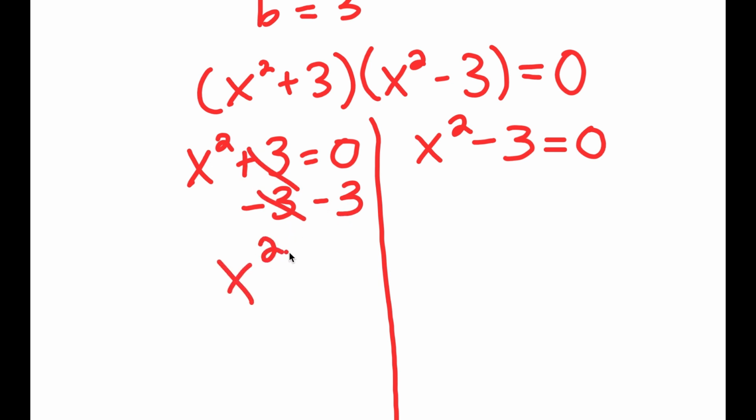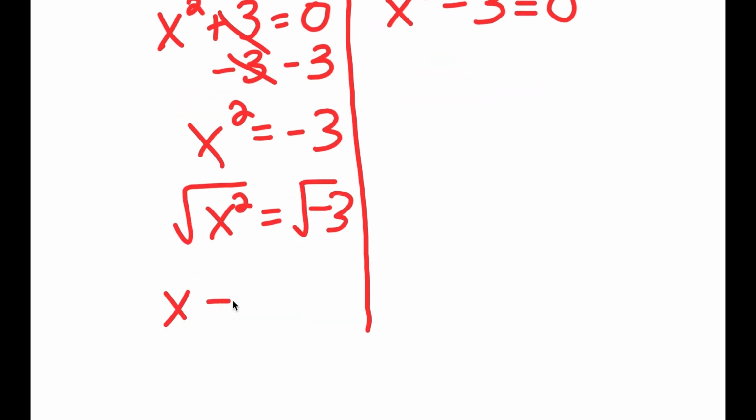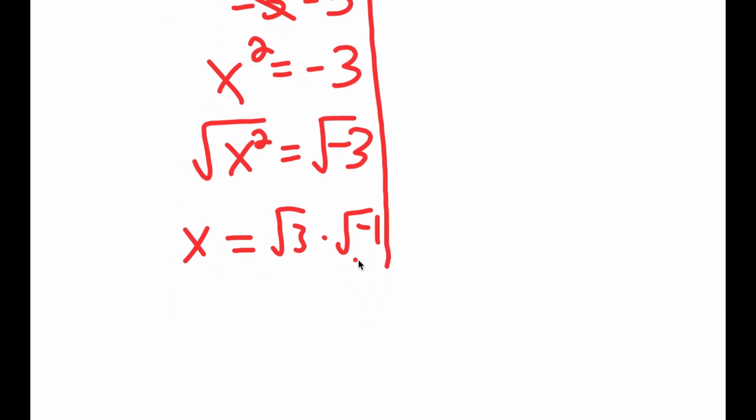So I get x squared is equal to negative 3. And now I'm going to take the square root on both sides. The square root of x squared is x, and the square root of negative 3, that's going to equal the square root of 3 times the square root of negative 1. And if you guys already didn't know, the square root of negative 1 is equal to i. So I get x is equal to positive or negative square root of 3i.